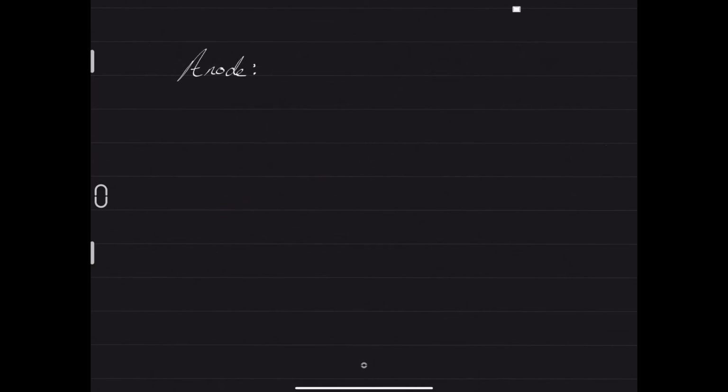So now we come to the anode, and the anode is the positive electrode. Can you write down this bullet point? It is the positive electrode. If it's the positive electrode, it means that negative ions are going to move towards it.